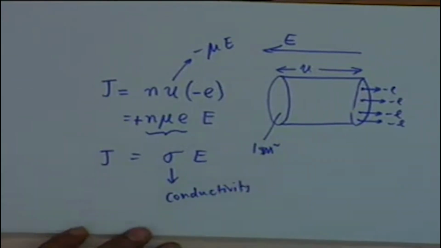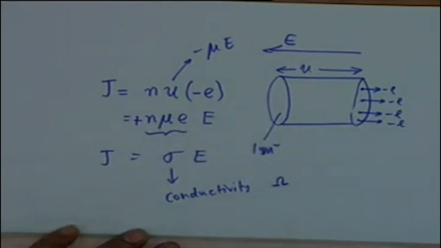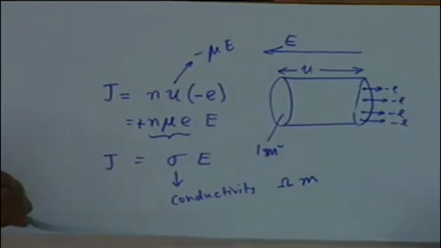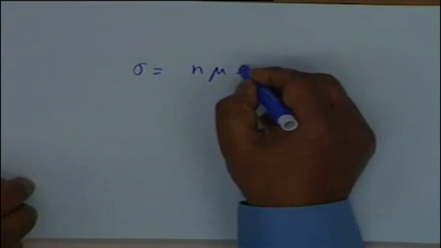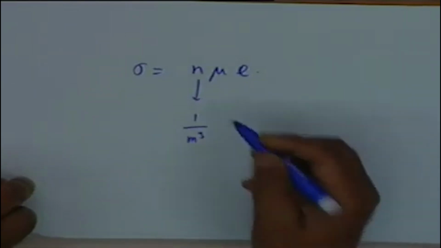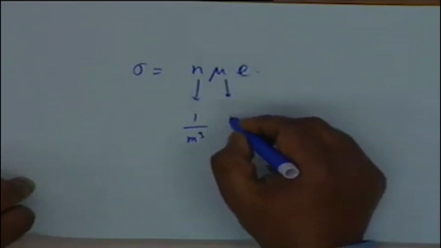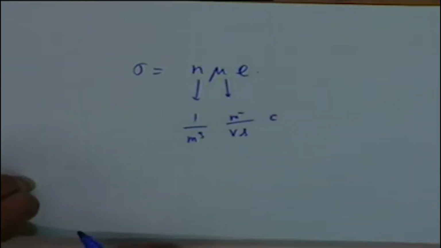The unit of sigma, if you take the units of n, mu and e, you can see that this will be mho. Yes, what is the unit of sigma? Mho meter. All right, why not? Let's look at this. It is very important to understand this. n is per meter cubed, so 1 by meter cubed, number per meter cubed. Mu is meter square divided by volt second, and e is charge, therefore it's in coulombs.